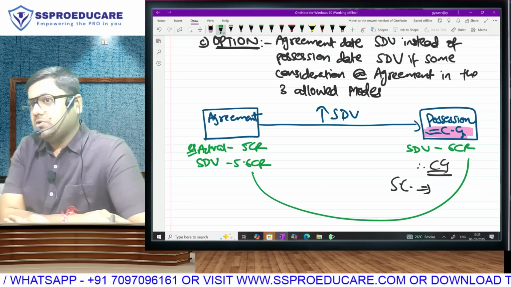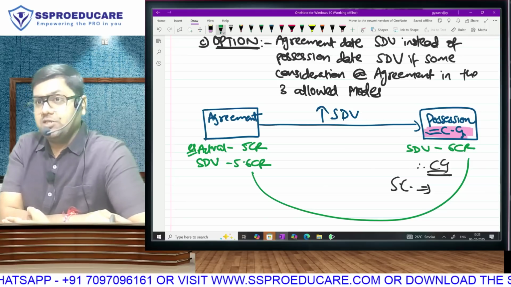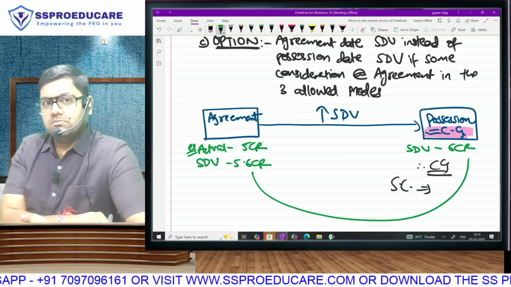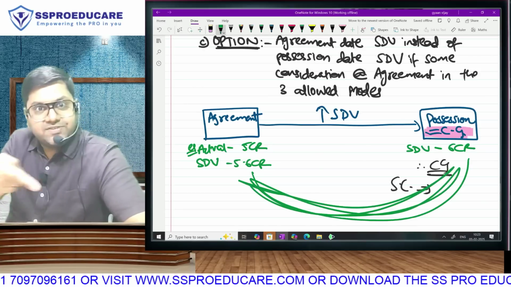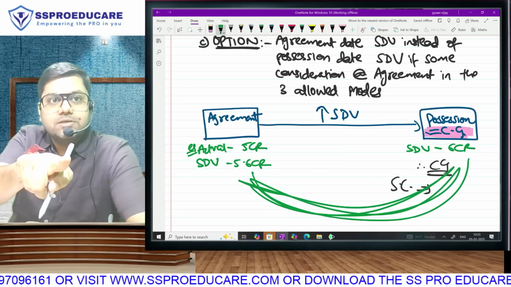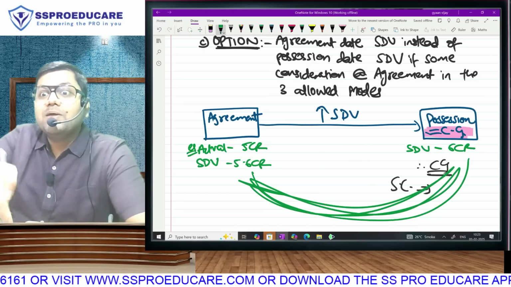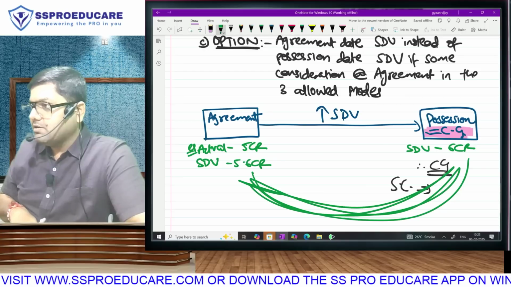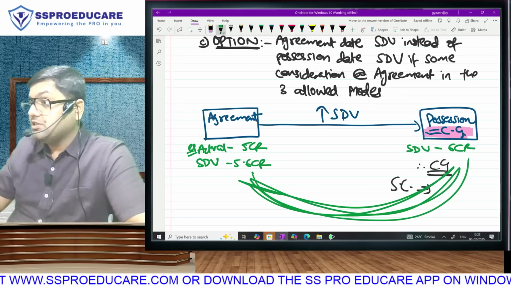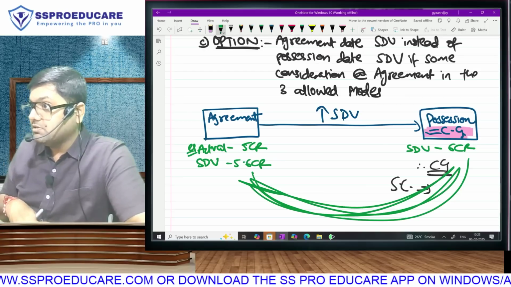Now my question to you is, you have to think and answer. Common sense or practical knowledge, anything will work. If there is an increase in market price between these two dates, which is clearly visible, will the buyer pay me that much extra? Tell me, Chandu. If we do an agreement and later the value increases till the time I give you possession, will you give me extra?